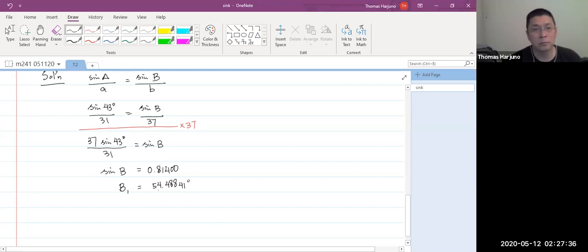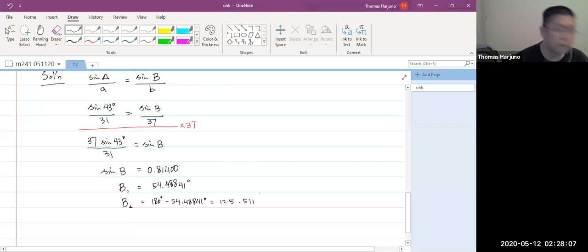And then the second possible angle is the supplement, because sine is positive in two quadrants, quadrant 1 and quadrant 2. Right, so this one I get 180 degrees minus 54.48841 degrees, which is 125.51159 degrees. Do you get the same thing?